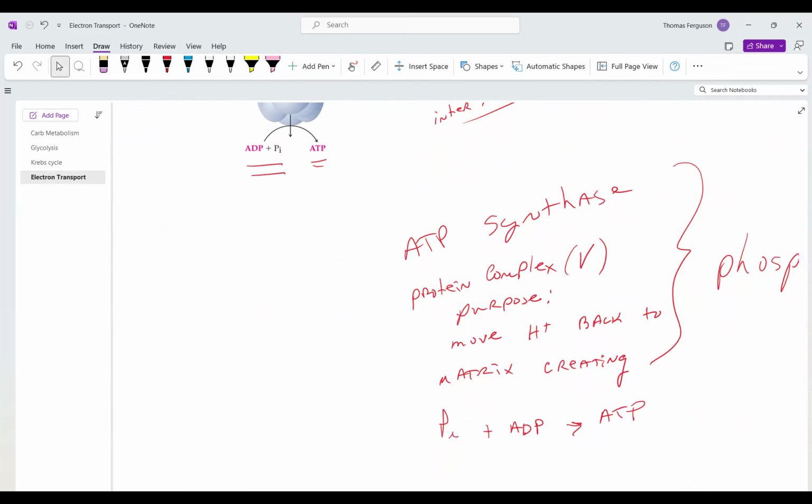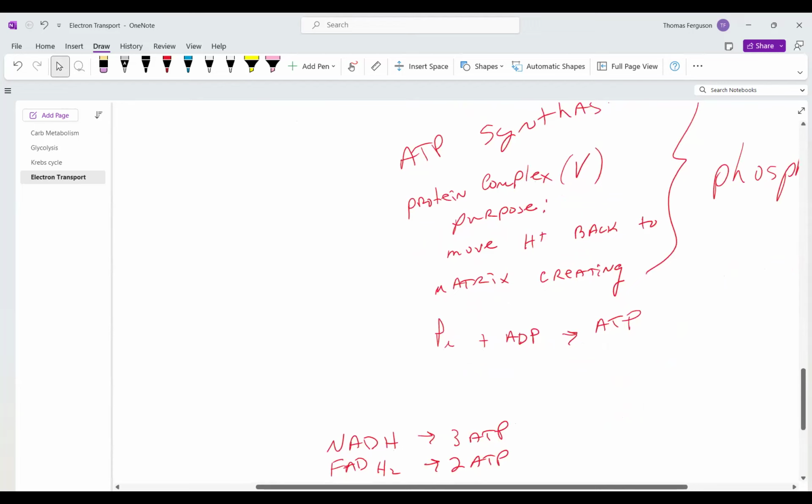So they go up and then back down. But there's a selective pathway to go up there. That's through the 4 protein complexes, the CoQs, the cytochromes, et cetera. And there's only one way down, and that's through the ATP synthase. So every time one comes down, these two get added together to form adenosine triphosphate.